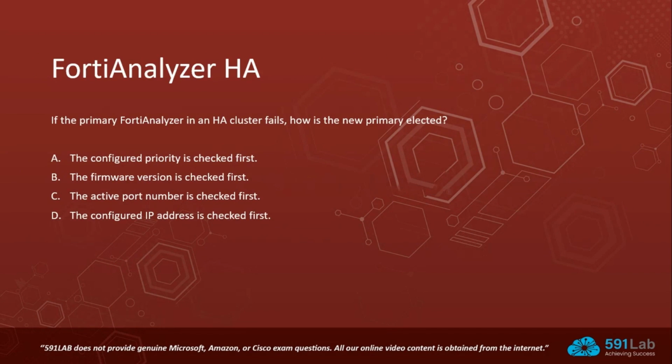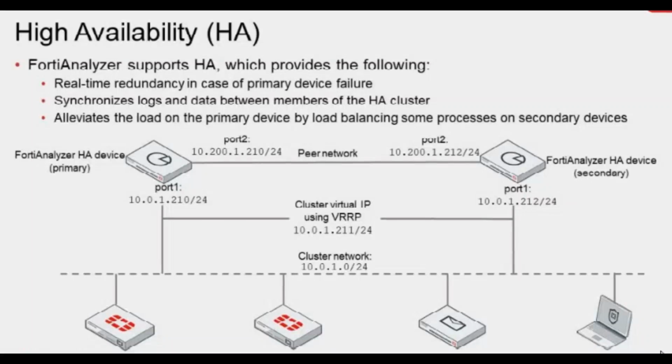Okay, let's go to the next question. If the primary FortiAnalyzer in an HA cluster fails, how is the new primary elected? FortiAnalyzer HA refers to the capability of FortiAnalyzer devices to operate in a redundant failover configuration to ensure continuous availability and reliability of the log and reporting service. The FortiAnalyzer HA cluster mode provides real-time redundancy.